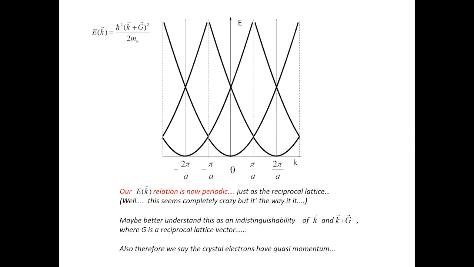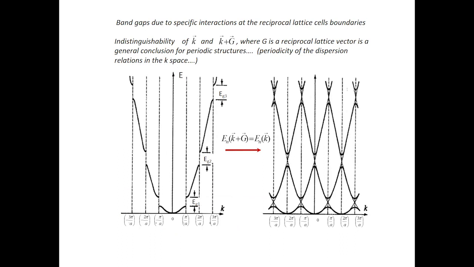Okay, going a little bit further, if you analyze this problem further, you see that due to specific interactions at the reciprocal lattice cell boundaries, you have the opening of gaps. You may do it on the plane free electron parabola, modifying it as a correction to this free electron parabola. So you get the opening of gaps at these reciprocal lattice unit borders.